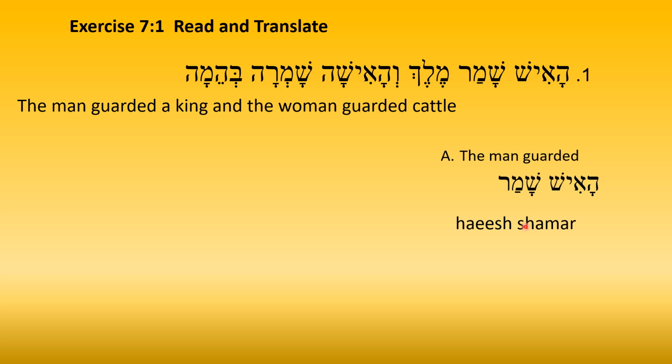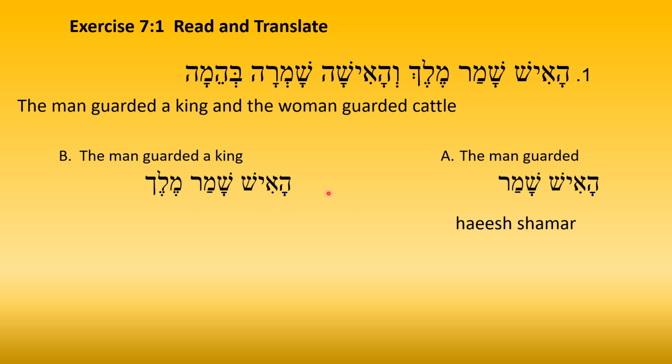But again, the practice for doing this is very important in terms of the writing of the Hebrew, just simply so that you're getting the practice at recognizing the letters and the vowels that go with it. Okay? So again, but copy and paste. Ha'ish shamar, the man guarded.